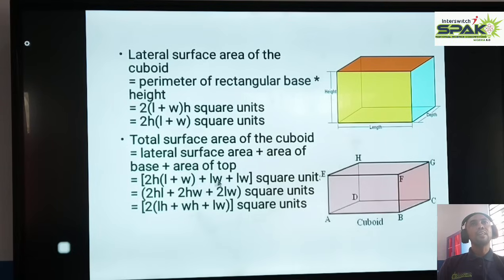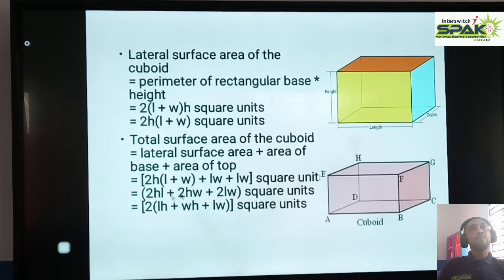When you simplify this, we have 2 into bracket LH plus WH plus LW square units. So this is the formula to find the total surface area of a cuboid.